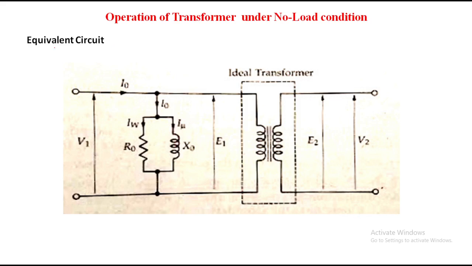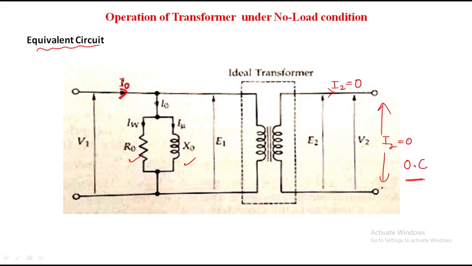So this is the equivalent circuit of the transformer under no load condition. Why are these two connected in parallel? Because the secondary is open circuited. That's why there is no path through this winding, so the current can be diverted. That's why this is I naught.